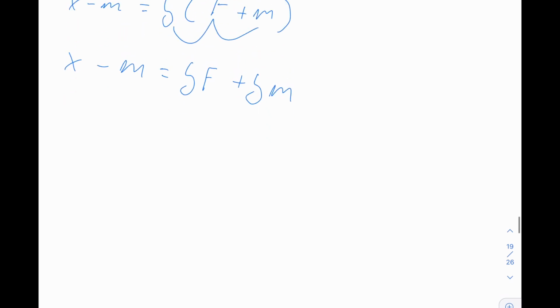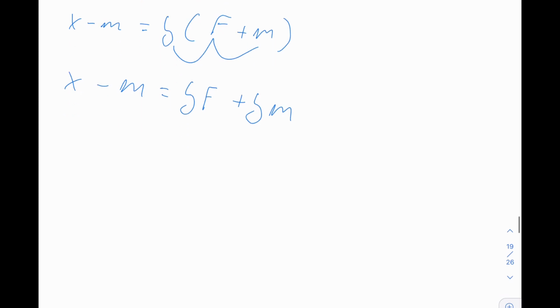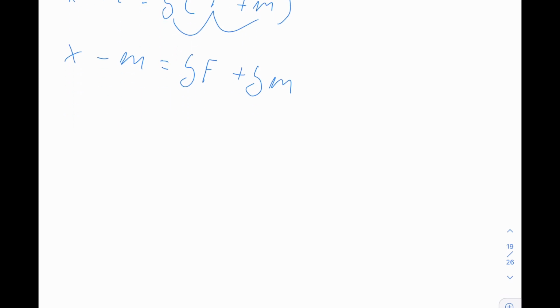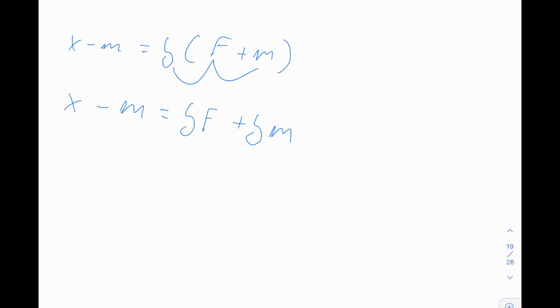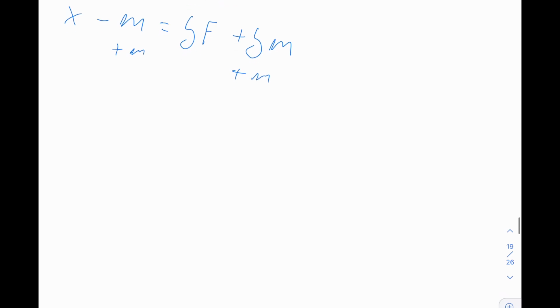Very good. Now why did we do that? Well, what we're trying to do here is to separate the m terms. We're trying to put them together so that they're just on one side. So now we can do that. Why? Because we can just add m to both sides and get rid of the m here, right? So plus m plus m. Here's what it's going to look like now.